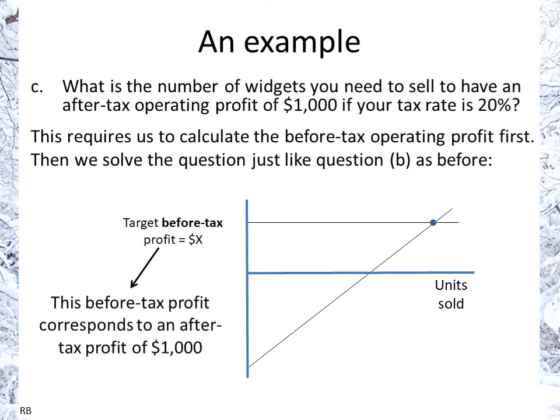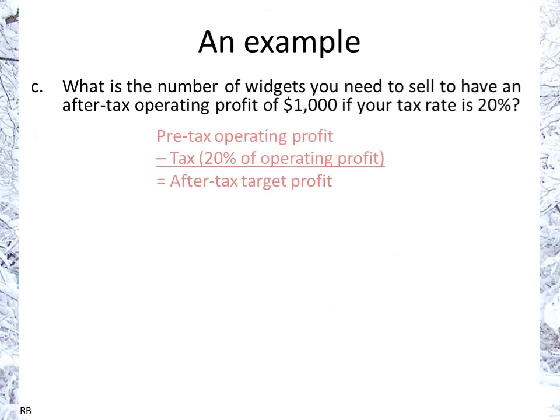So this before-tax profit, of course, corresponds to an after-tax profit of 1,000. So you would have your costs, and then eventually your pre-tax operating profit. Then you would subtract the tax, which is 20% of the operating profit. That's what we're given. And that equals your after-tax profit.